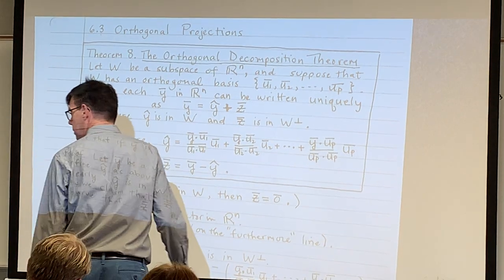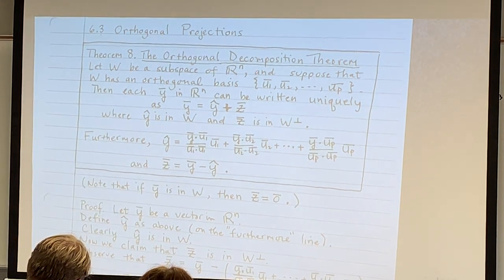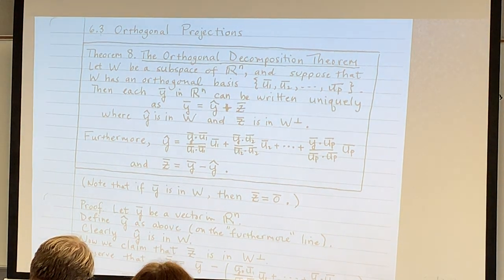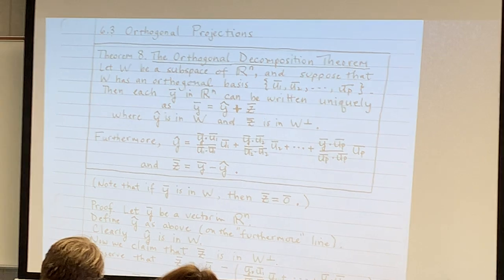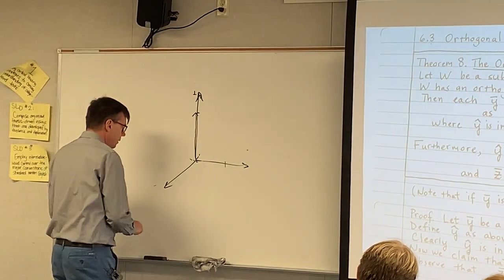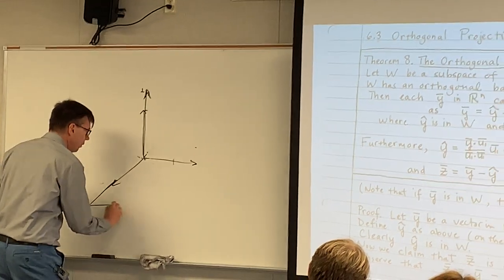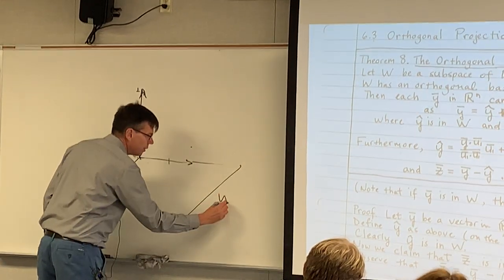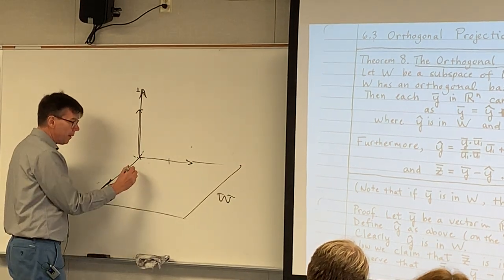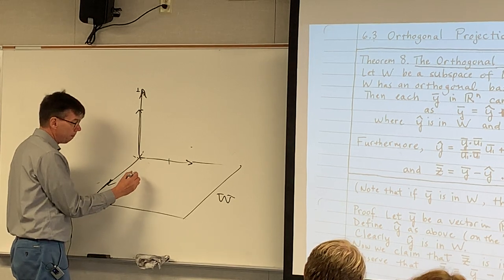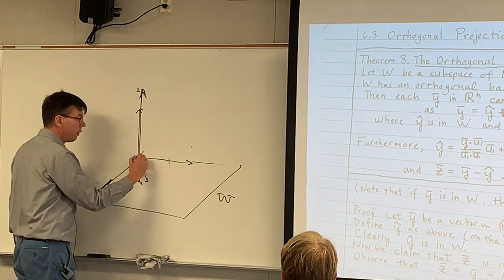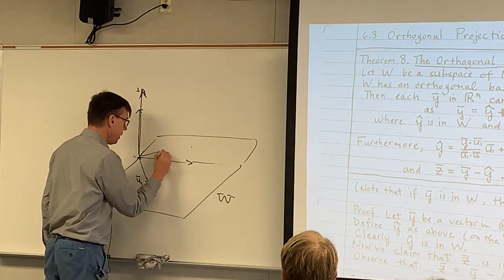I just want to say a little bit with a picture. Go back to the picture we had before. What's the same and what's different? Again, I'm using a very simple situation, but W could be a two-dimensional space with basis vectors u1 and u2, where they're perpendicular to each other. I have to extend my plane a little bit that way.